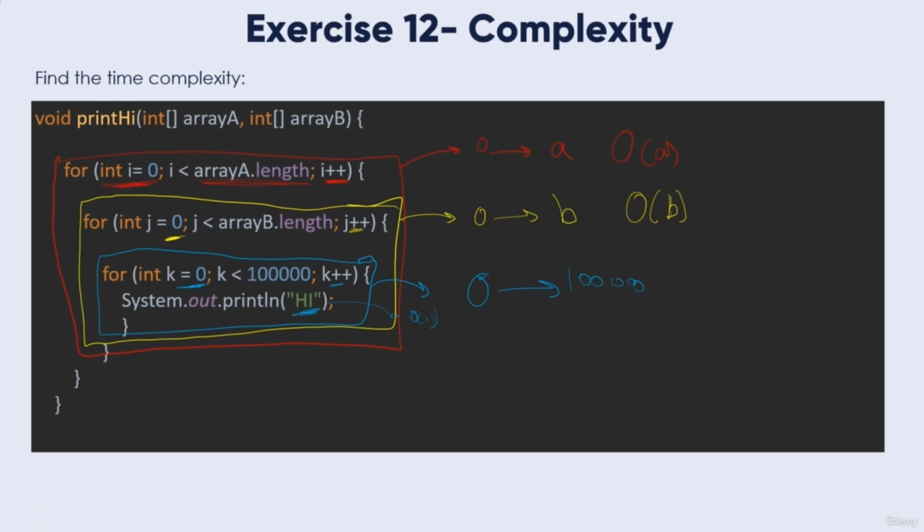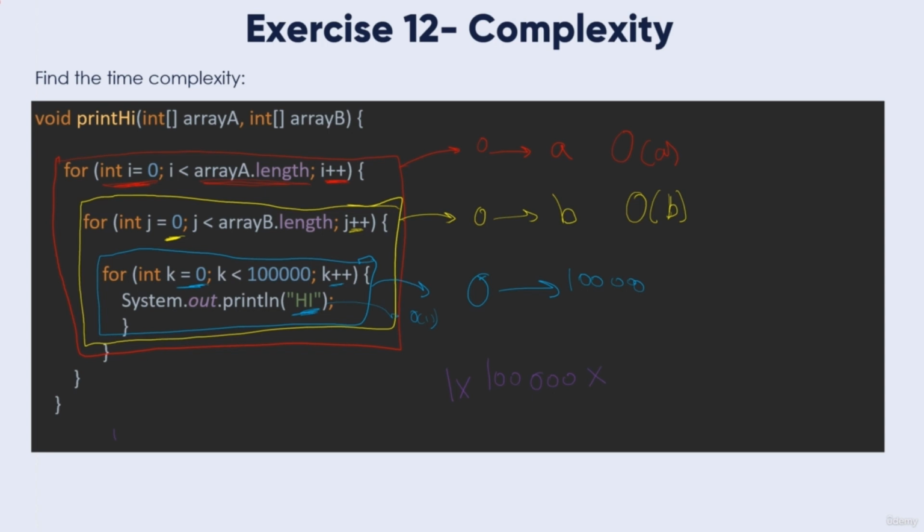If we calculate how many times this statement would be executed, displaying high, we start from 1 times how many times this statement would be executed in the K loop, times 100,000, okay? Times how many times the J loop would be executed.